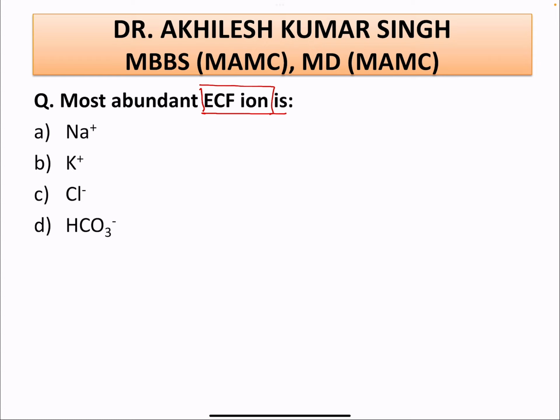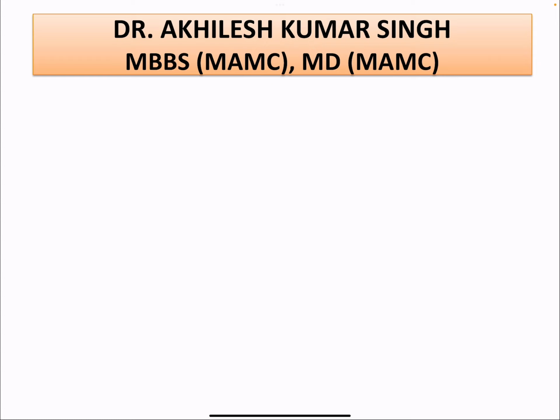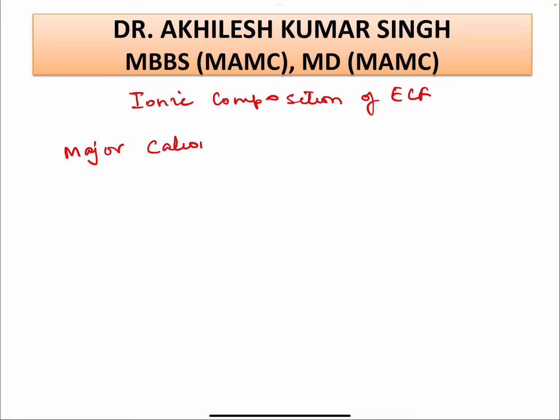In the ionic composition of ECF, you have to know what are the major cations. Cations means those ions which have the positive charge, and what are the major anions.